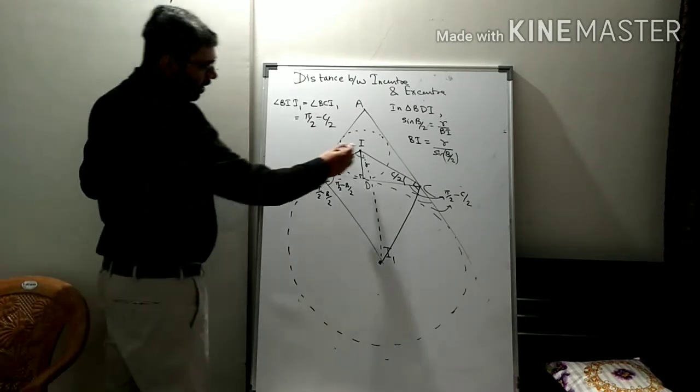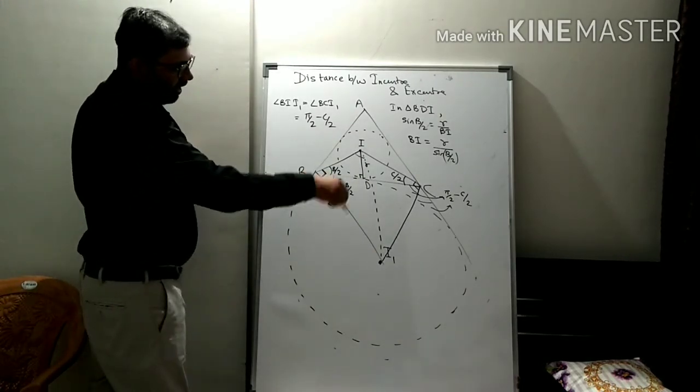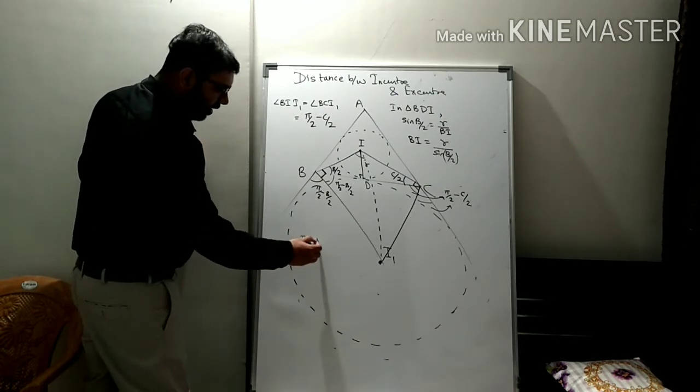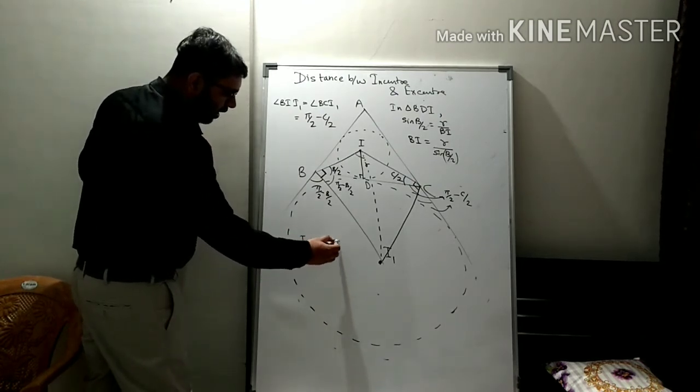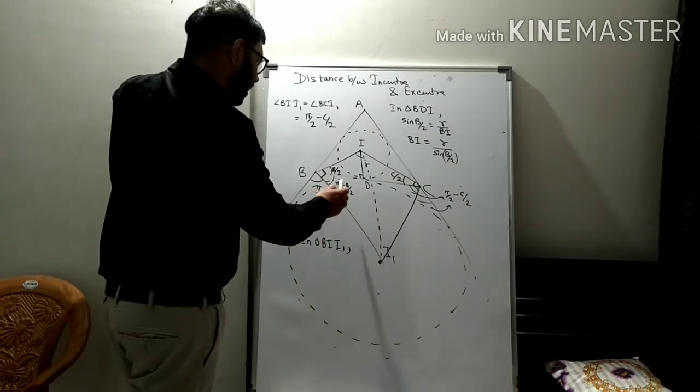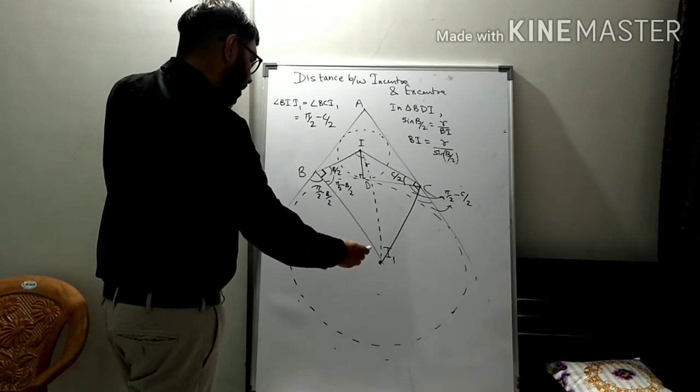So now we can use this triangle, triangle BII1, and then apply trigonometry. This is 90 degrees. I am interested in finding this length II1.